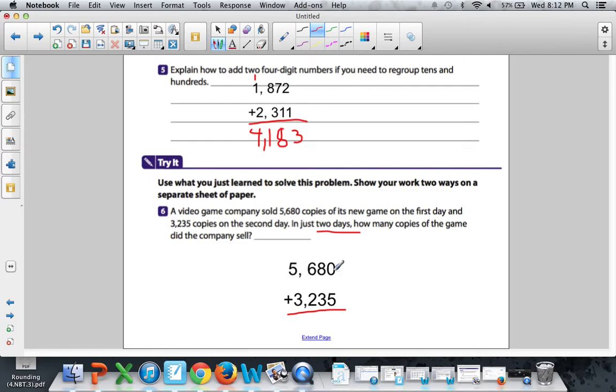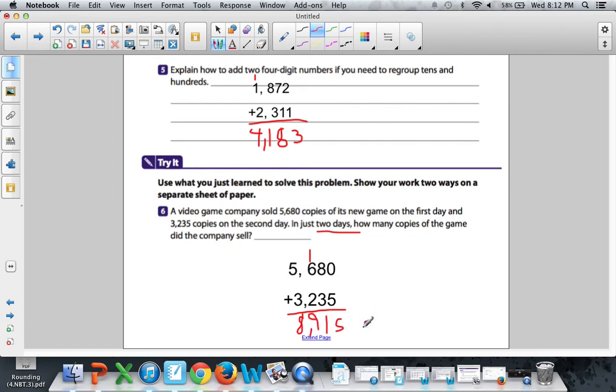You start on this side. 0 plus 5 is 5. 8 plus 3 is 11. And you got to carry the 1, kind of like we did before. 6 plus 2 is 8, plus 1 is 9. And 5 plus 3 is also 8. Let me just make sure I use the right numbers. Yeah, easy as pie. How many copies of the game did the company sell?